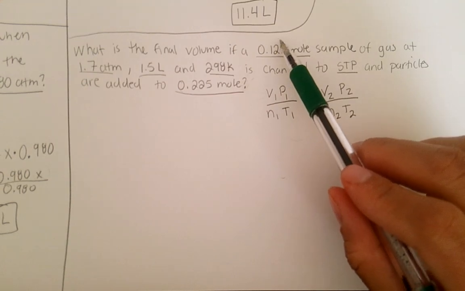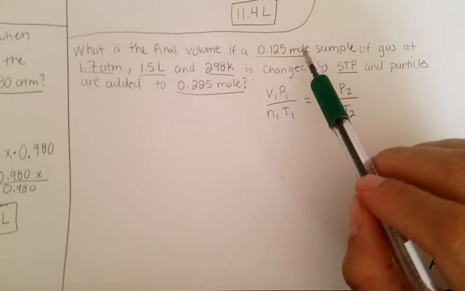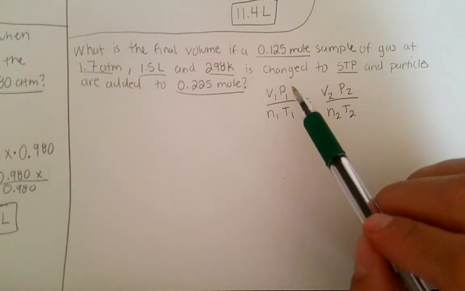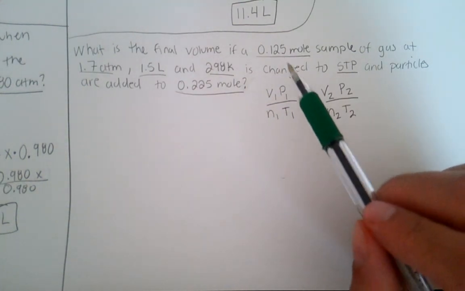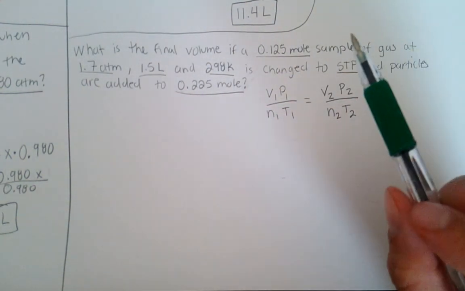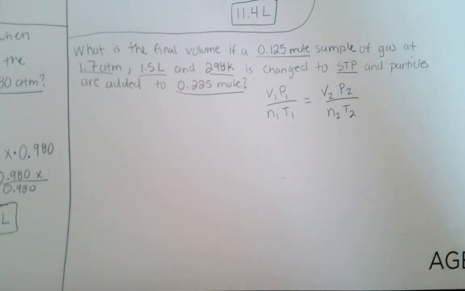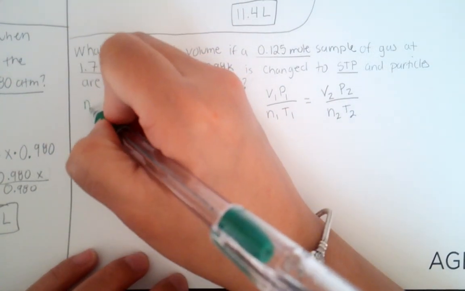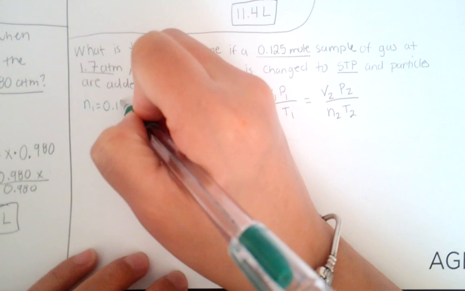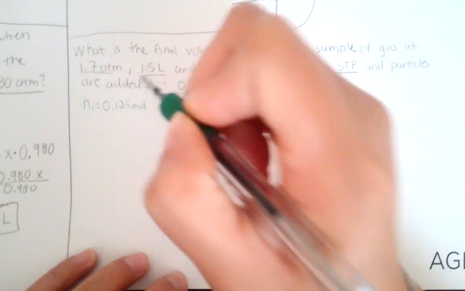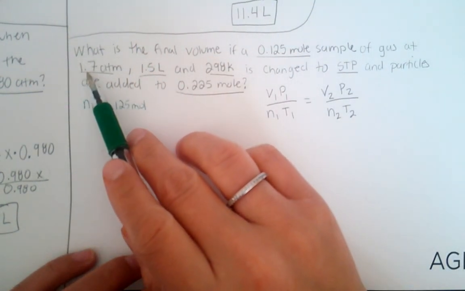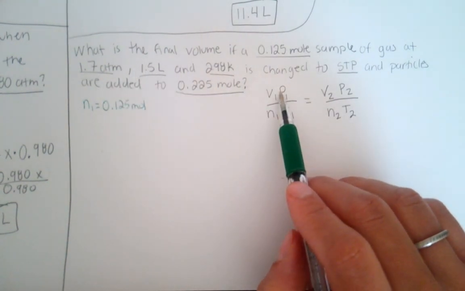So again, remember all the first numbers that you're going to have are always going to be your 1. So these are always going to be your left-hand side of the equation. So 0.125 moles, as you remember, moles stands for N. So our N1 is 0.125 moles. Okay, if we keep reading, 1.7 atm, that's obviously our first pressure.